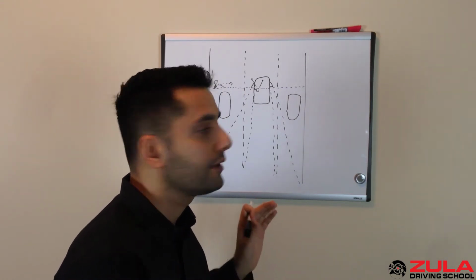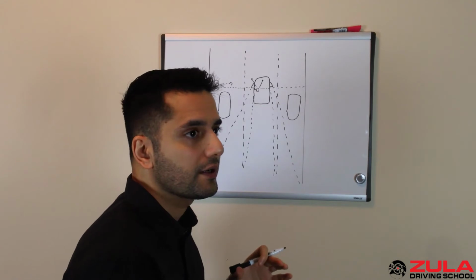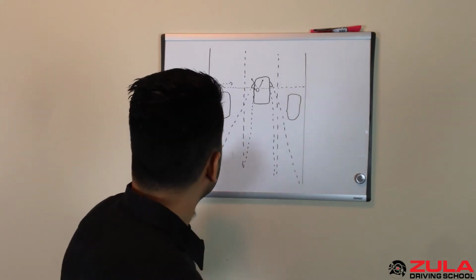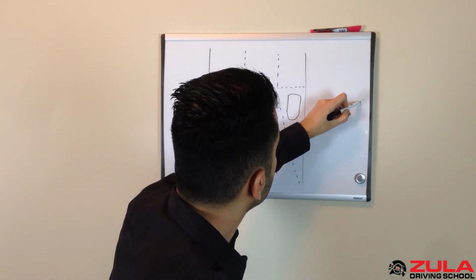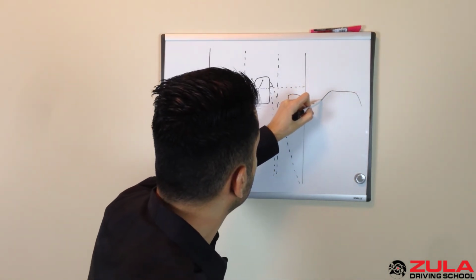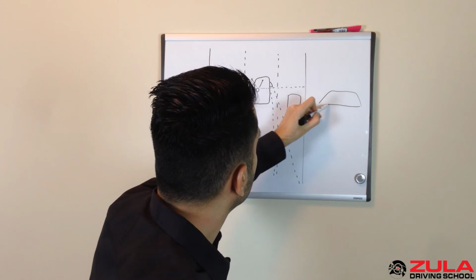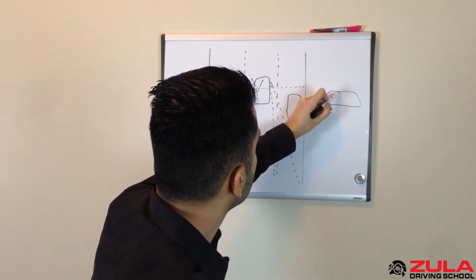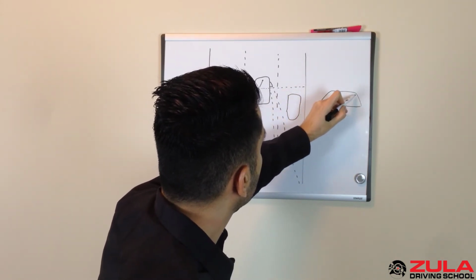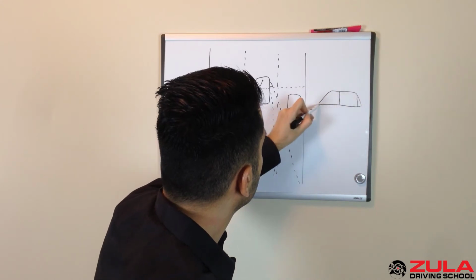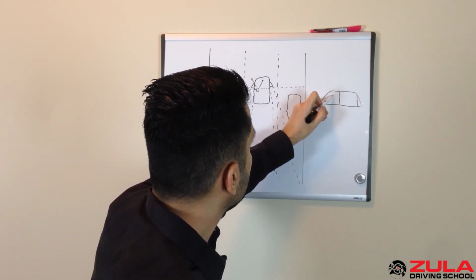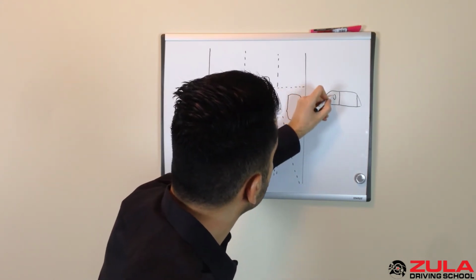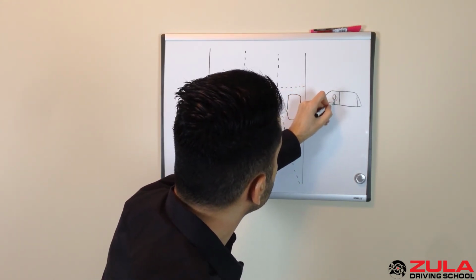And so this is where shoulder checking comes in, because let me draw you the car from the side here. You've got your front window here, and this is you sitting in the car.